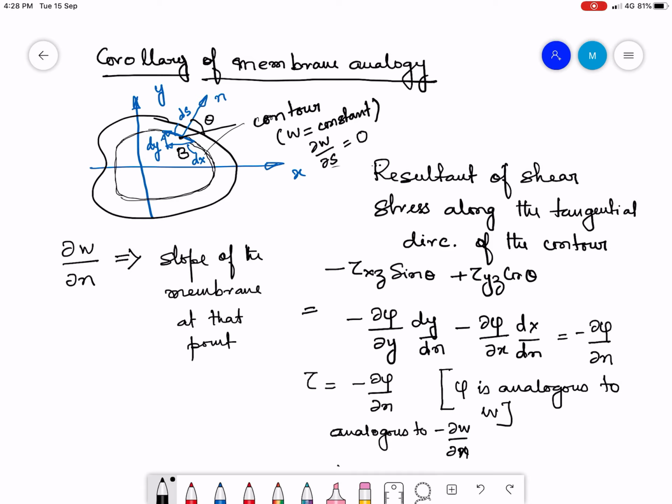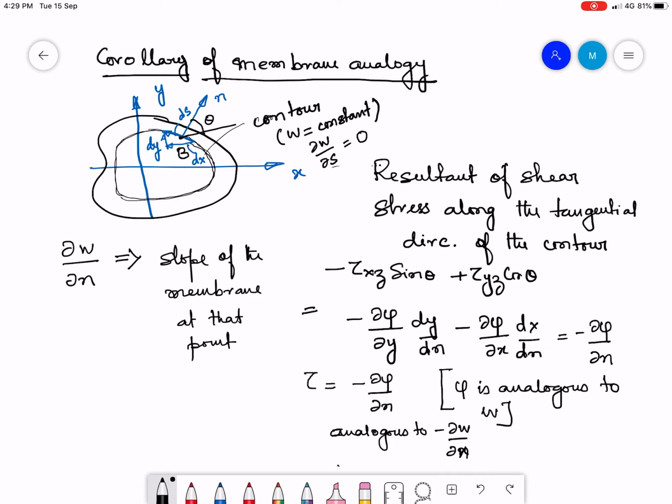We can all, from our intuition and our understanding of mechanics, figure out at what point the membrane is going to have the maximum slope. So, that is going to be the point where the maximum value of the resultant of shear stress is going to happen. If we find out the shear stress from the stress function at that particular point, that is going to be the value of the maximum shear stress.